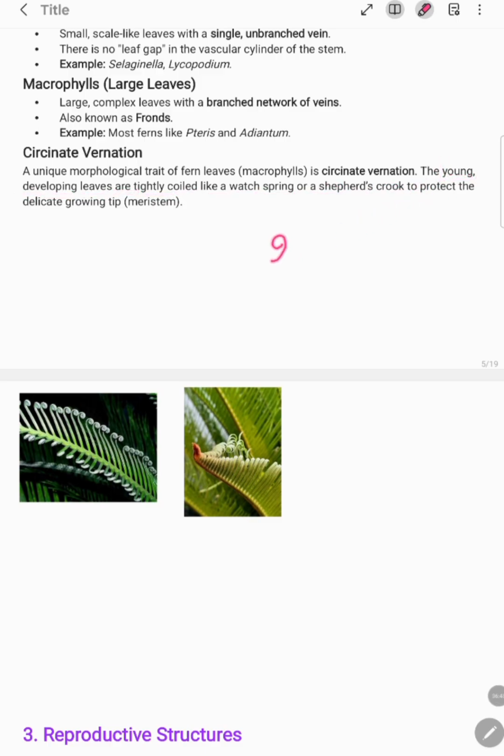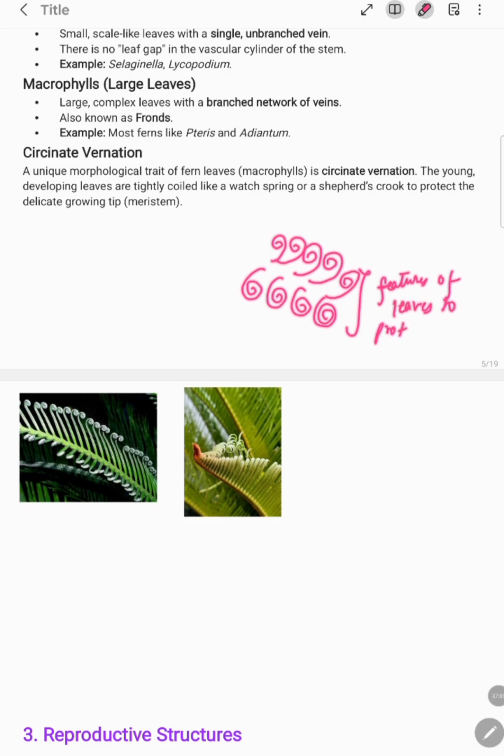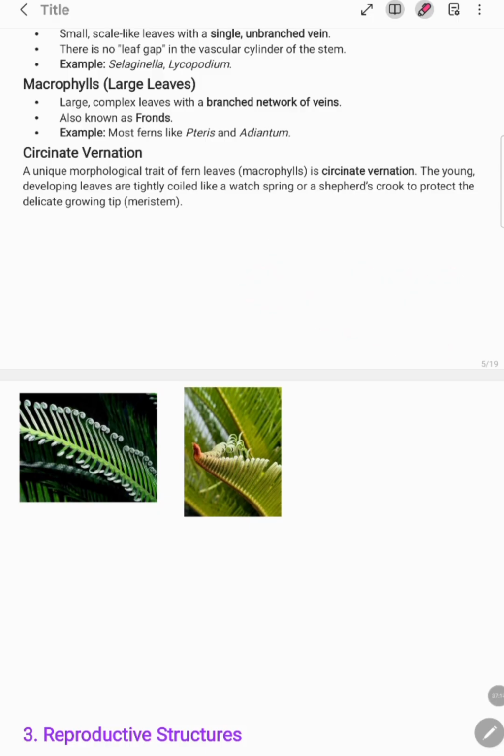Okay, the leaves are like this. The young and developing leaves are coiling like this. Whenever they are emerging, they are in the form like this. They are coiling themselves. This is one of the best features of the leaves to protect themselves as they are young and in the developing stage, to protect the delicate growing tips.